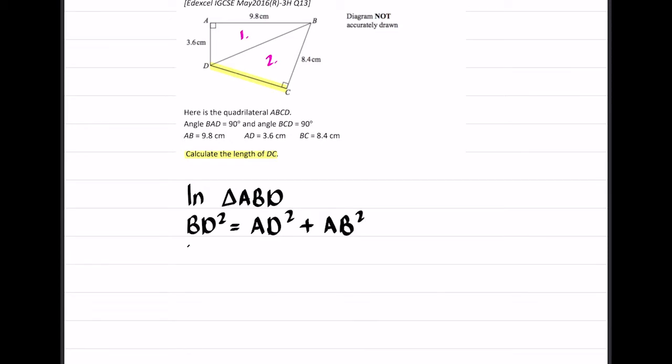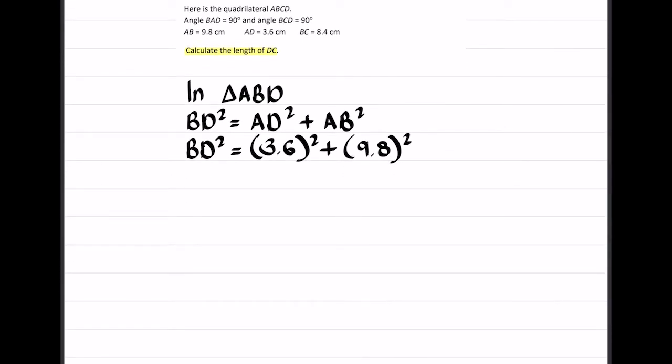So BD is what I'm calculating, so I'm going to keep that as BD squared is equal to AD, which is 3.6 squared, plus AB, which is 9.8 squared. So I know that BD squared will equal, if I say 3.6 squared plus 9.8 squared, I get an answer of 109. But I'm not looking for BD squared, I'm looking for BD by itself, so that means that I'm simply going to square root both of these sides.